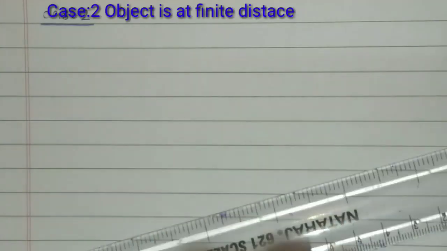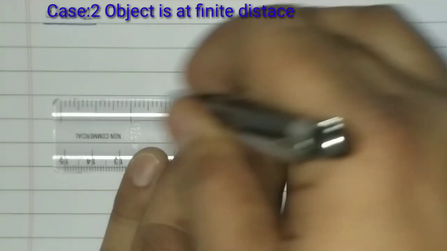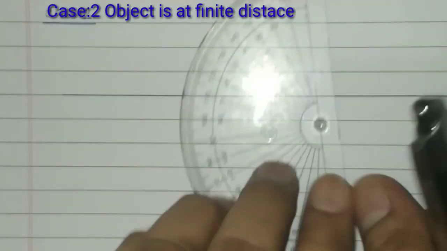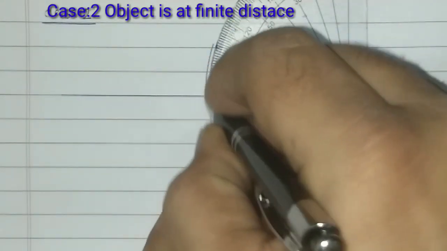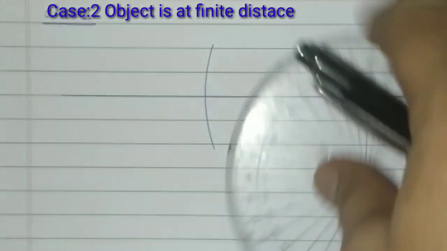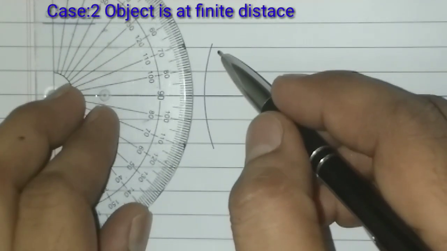Okay, now case 2, when object is placed at finite distance. First of all, make the principal axis, use D, 70 degree above to 70 degree below, and then put T in inverted like this.